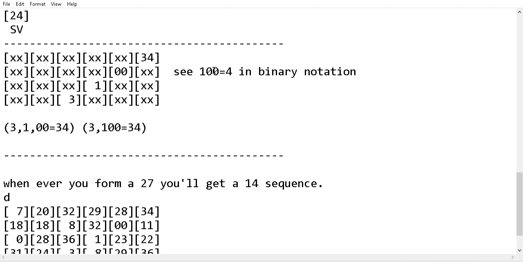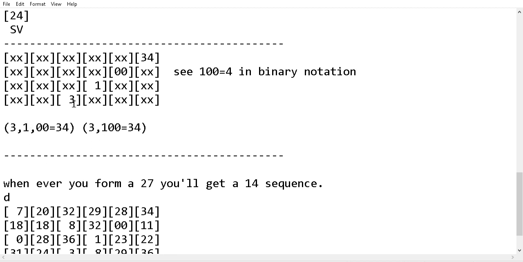So what happens is that every number that is there is going to be sequenced one way or the other. In this way, you got a 3 sequence right here. Here's your 3, and then it's sequenced to 1, 0, 0.